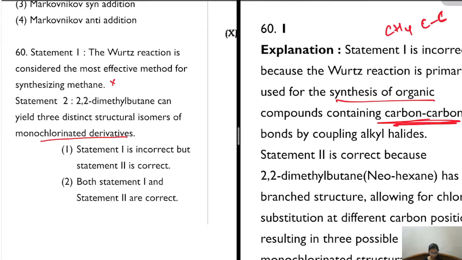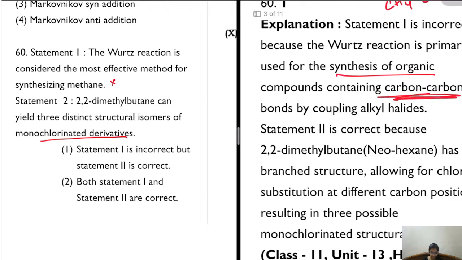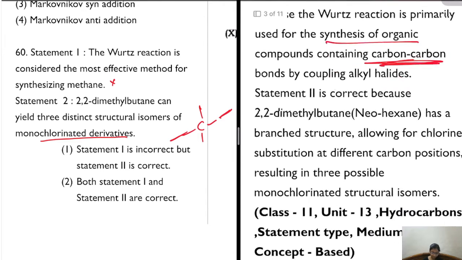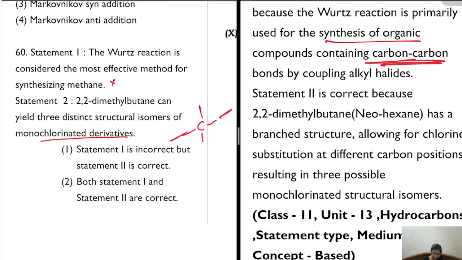Let's see statement two. This is correct. Why is it correct? Because the structure here would be branched, in whatever carbon chain we have. Let's see this. Here we have CH3, 2,2-dimethyl.